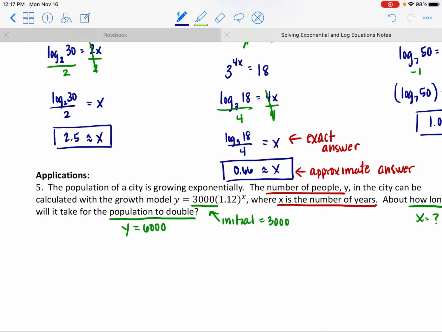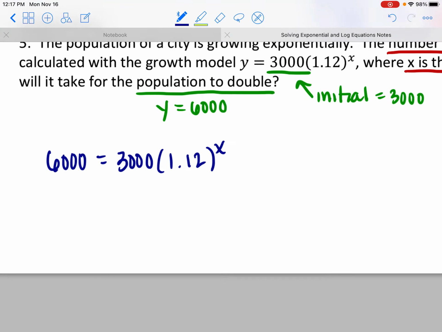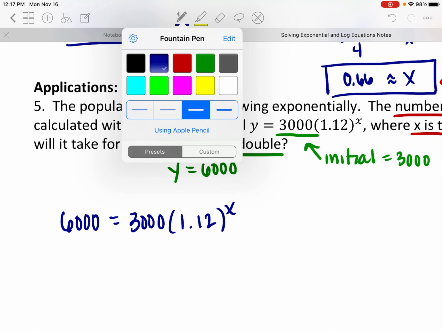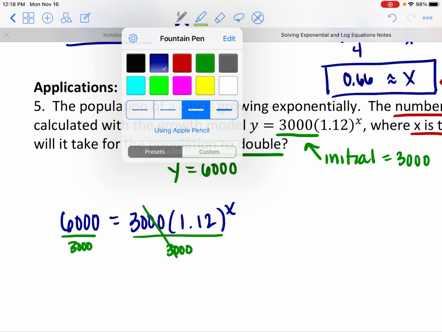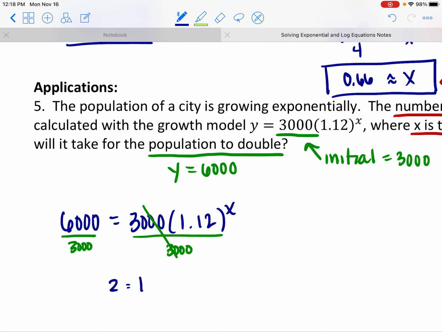So we're going to put the 6,000 in for y, and we have 3,000 times 1.12 raised to some power. So we're trying to solve for x when we know y is 6,000. We plug in the variable we know and solve for the one that's left. This is what we were just doing. If we divide both sides by 3,000, then we can get the exponential piece by itself, and 6,000 divided by 3,000 is going to be 2. So 2 equals 1.12 to the x power.